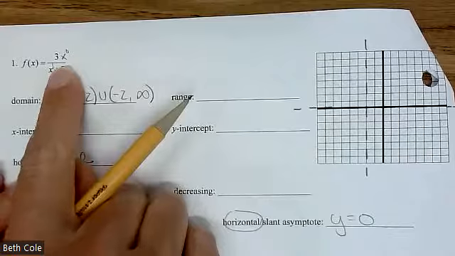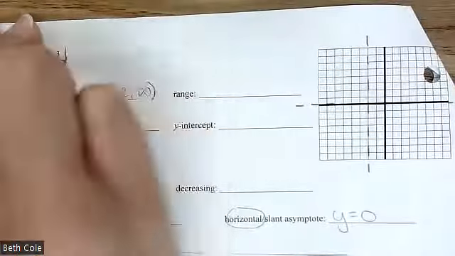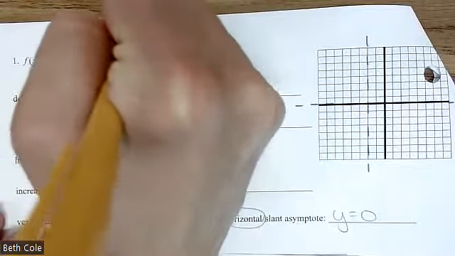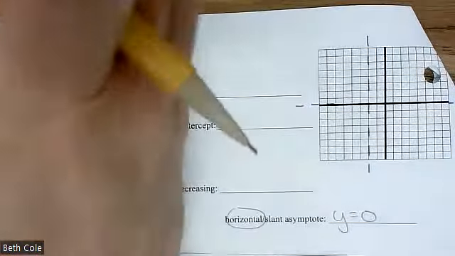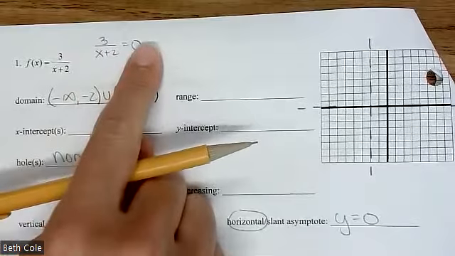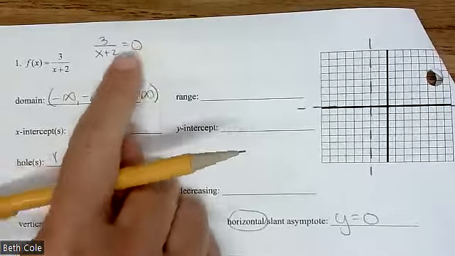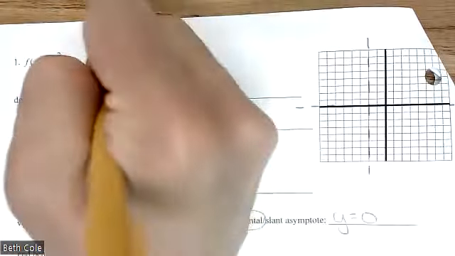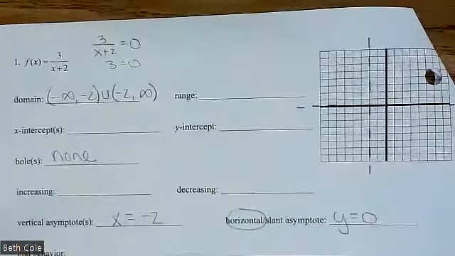Let's apply that to this problem. If you set this equation equal to 0, let me take the whole thing and make it equal 0. What would you do to start solving that? You would multiply the x plus 2 over, but 0 times x plus 2 would just be 0. You would get 3 equals 0. Thoughts on that?